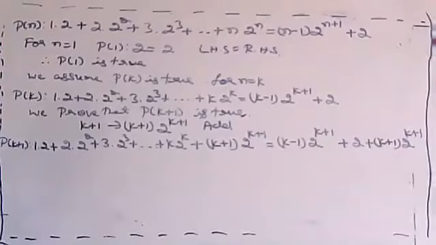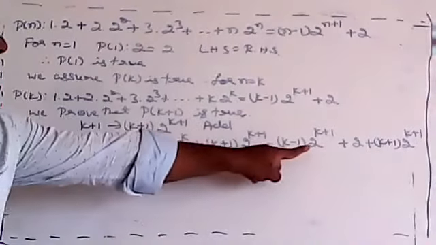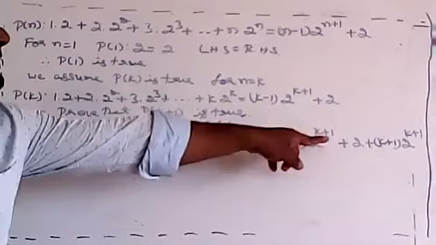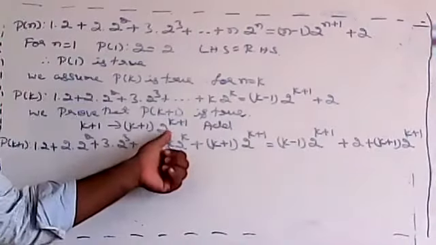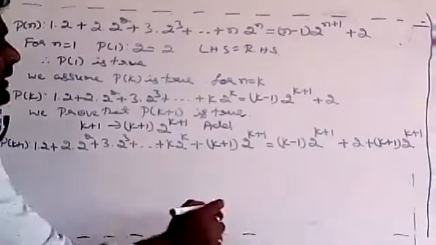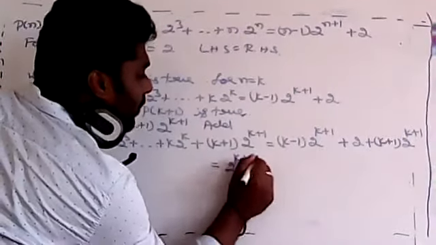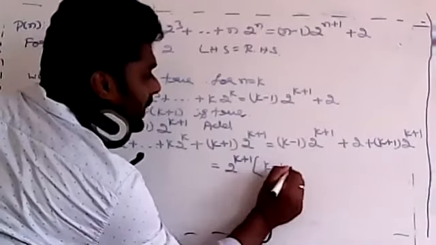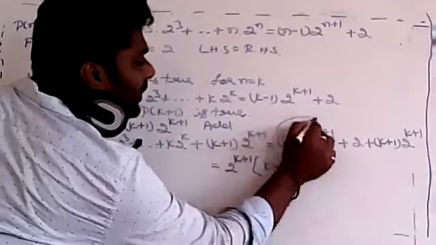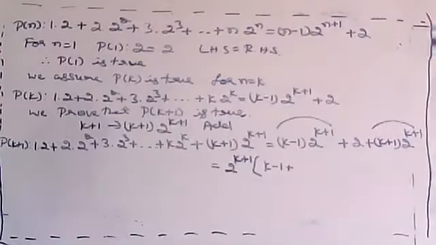Yeah, what do you have to take common in this? In the next step, see here k minus 1 into 2 to the power of k plus 1 plus 2 is there. Then we are adding the k plus 1 term, that is k plus 1 into 2 to the power of k plus 1. So what am I going to take common? Yes, right answer, Prithvi. So we'll take 2 to the power of k plus 1 common. Remaining is what? K minus 1. In the first and the third term I'm taking 2 to the power of k plus 1 common.